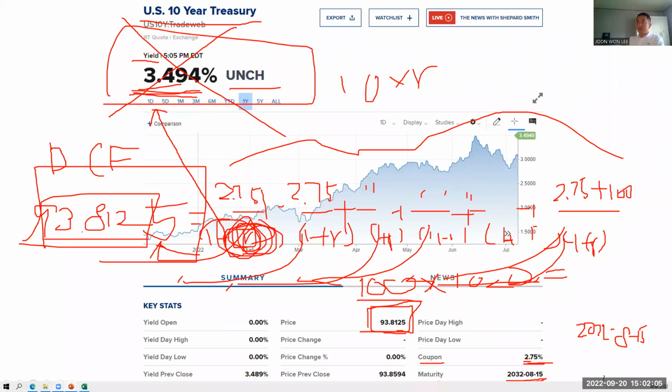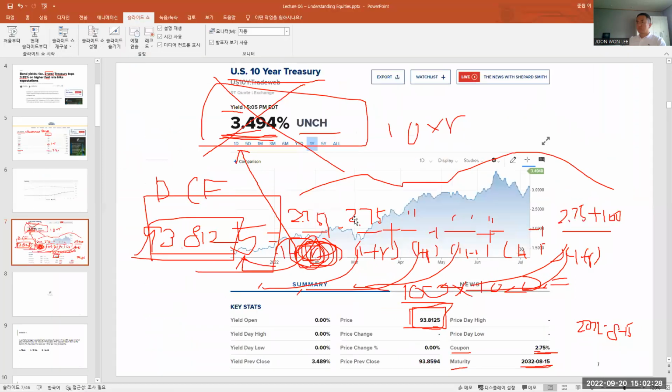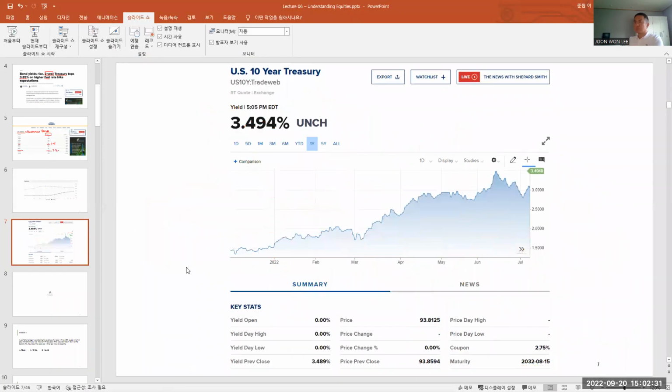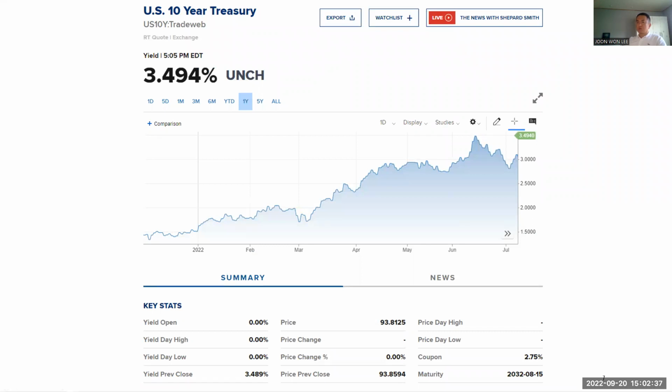This is a treasury bond. The only risk the treasury bond usually has is interest rate risk.